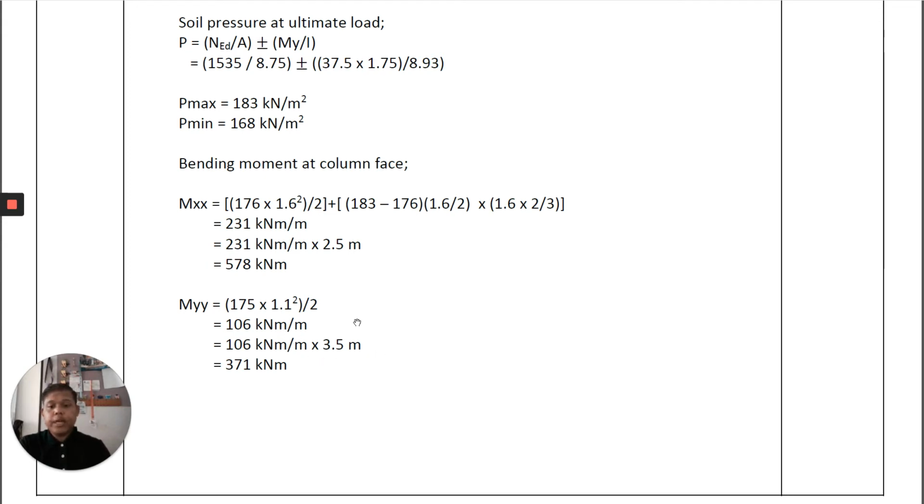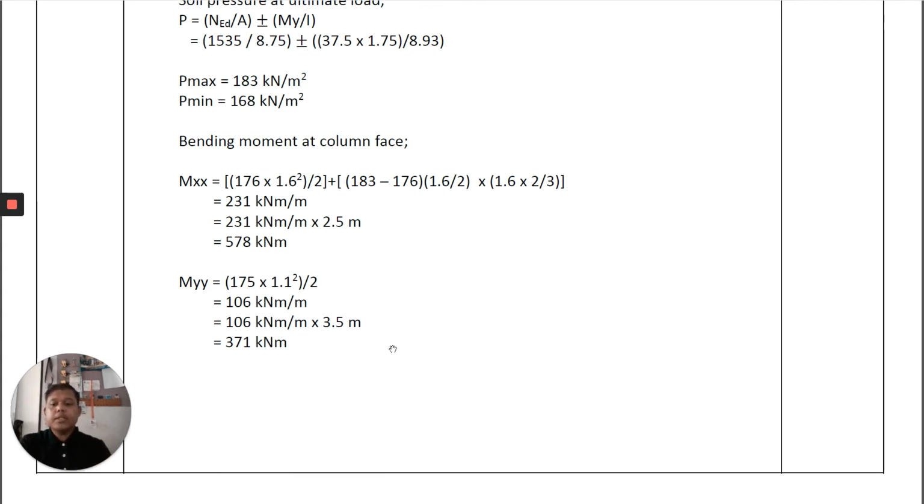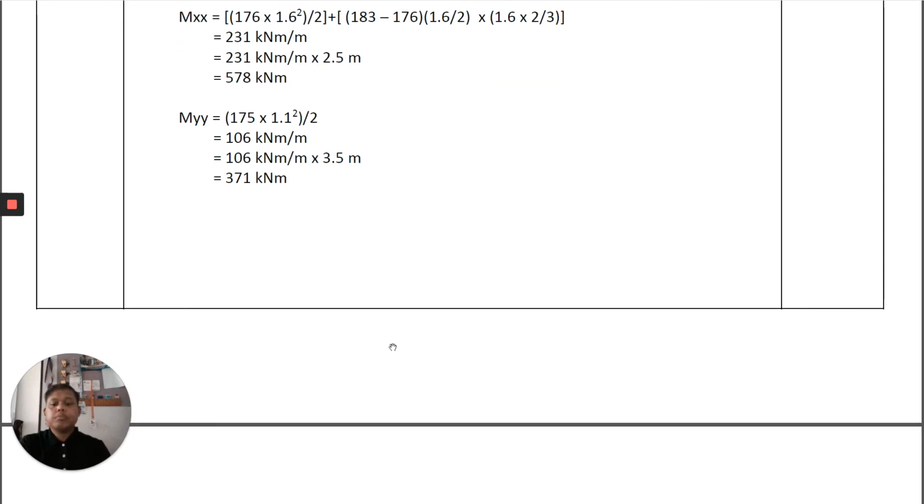And then you have to times with the 3.5 meter, because the moment is acting at the perpendicular section, which is at the x-axis for the transverse section.